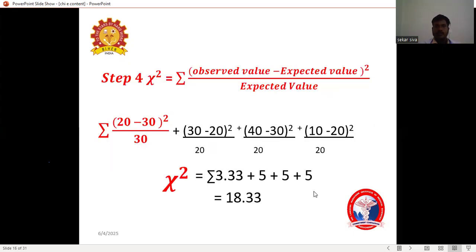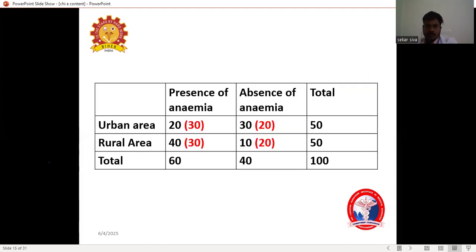Okay, next step we have to find a chi-square value for both observed and expected values.